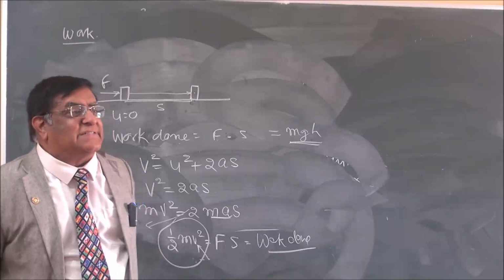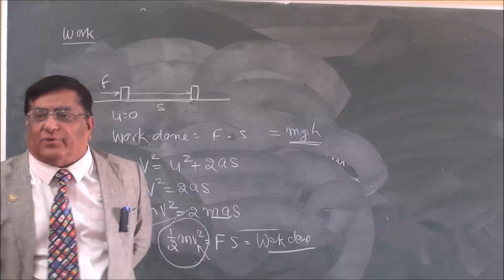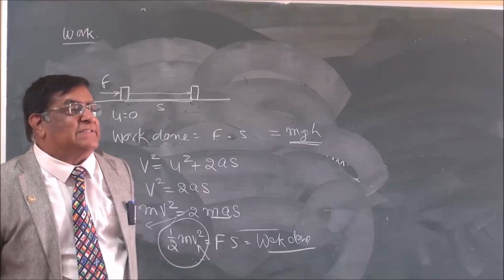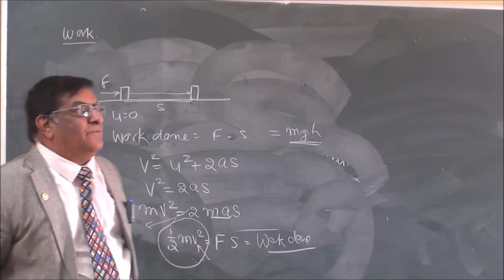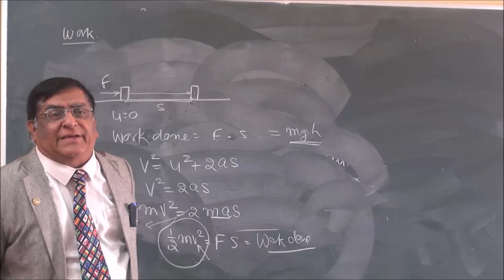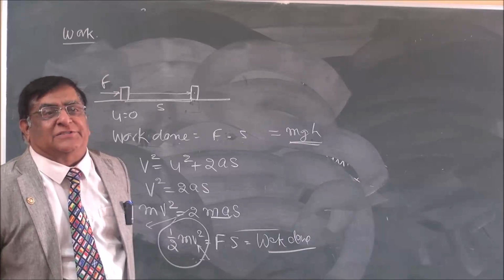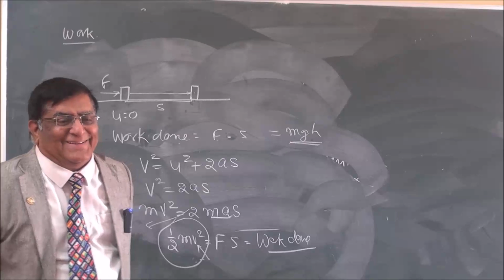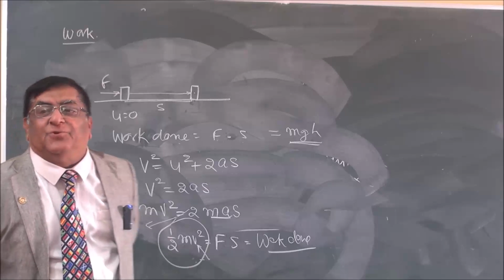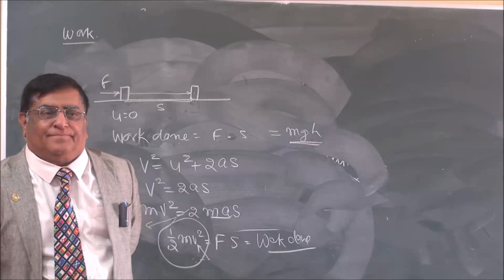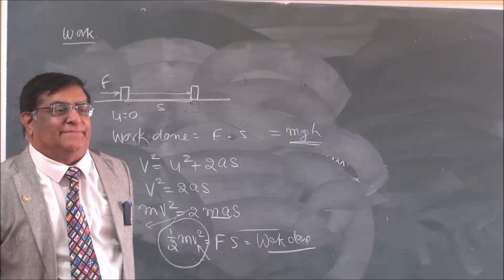So that gives us a method of calculation of the work done, and this is a basis which explains, if you have no money in the purse, you cannot spend. You have no credit card. Okay? So that means if you have no energy, you cannot do the work. This is important.